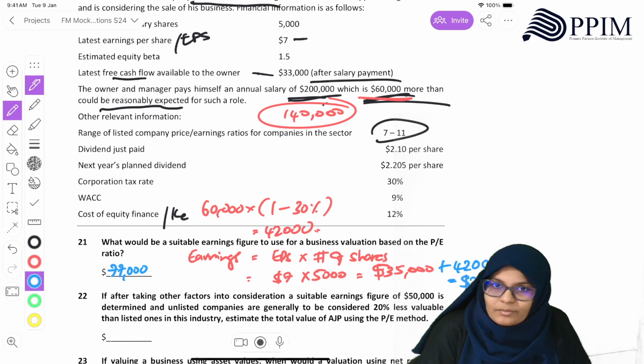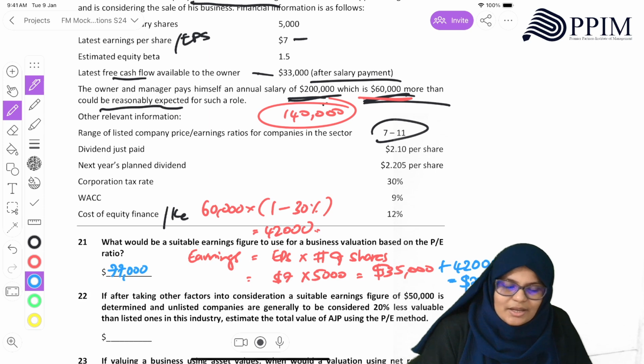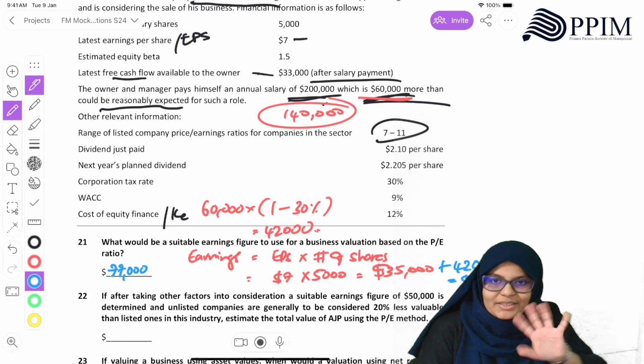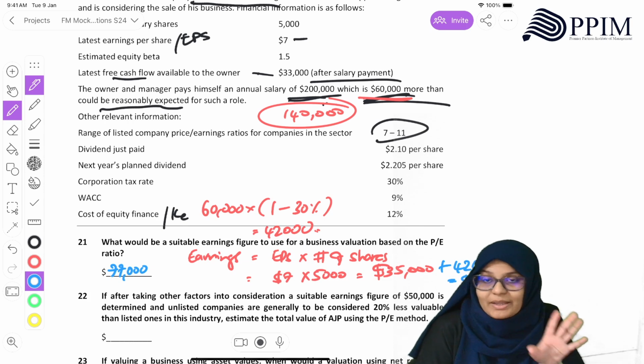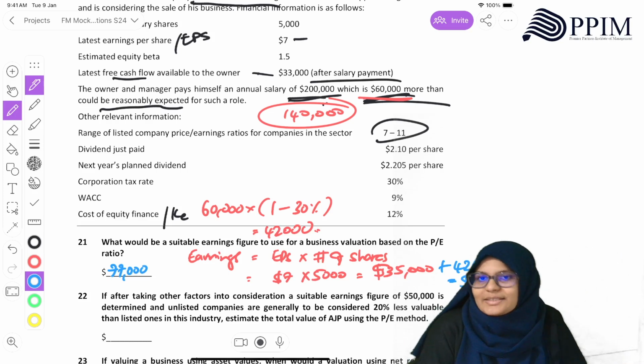When are we deducting 60,000? Which 60,000 am I deducting? Adding. 200,000 minus 60,000. Because now say you were the owner of the business. You were paying yourself 200,000. But now after you sell, somebody else will buy, that person won't be the owner, he won't be the manager. So he will take another person and hire him as the manager.